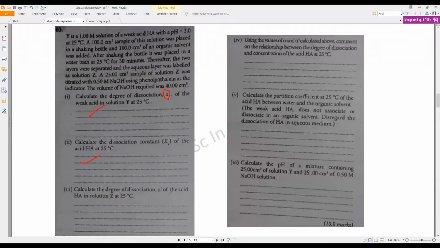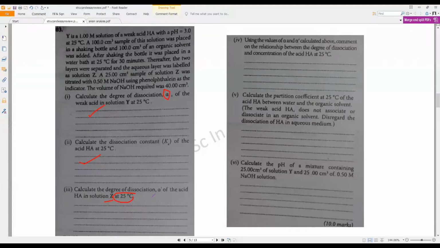Calculate degree of dissociation alpha of the acid HA in solution Z at 25 degrees Celsius. Now here the situation is a little bit different, right? Because now they are asking about the degree of dissociation alpha in solution Z. So what is solution Z?